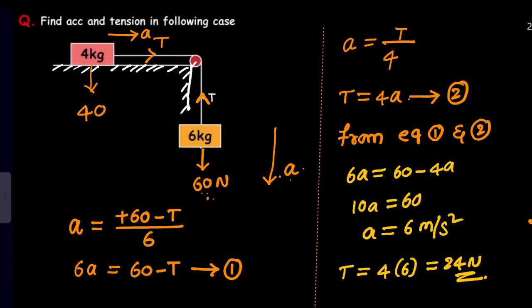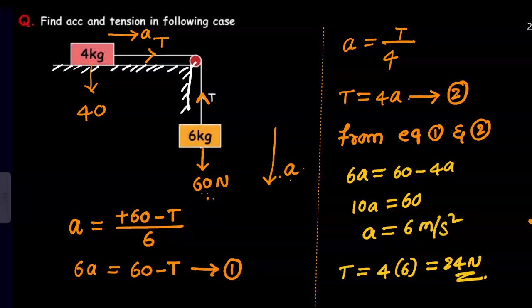Now we'll see that the short method is very helpful. Here, see the simple diagram of this block, that's why this is also a simple method. But in coming problems, you will see so many blocks and so many combinations of pulleys, like what we have seen previously. In those cases, the short trick method is very helpful.